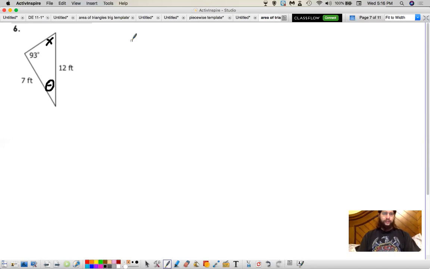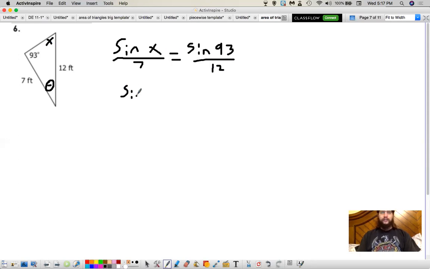Let's follow the puzzle pieces. So for x, that's an angle, so I'm going to say sine of x over 7 has to equal sine of my angle, 93, over 12. We get sine of x is some number. Let's find out what number.